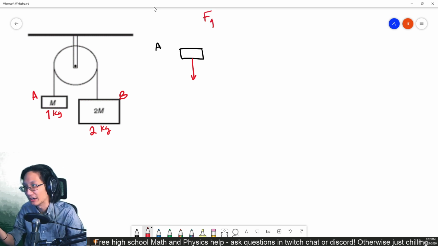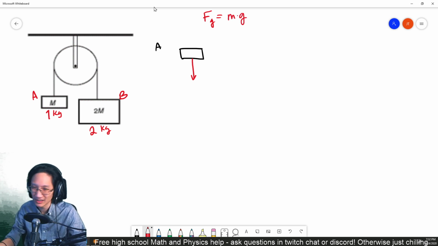It's always m times g. g is 9.8 or 10, depending on who you ask. On the AP test it's totally valid to use 10 as a rounding thing. 9.8 is also rounded, but it's less rounded than 10. But it's mg. So for us, the force of gravity on block A is its mass, which is 1 kilogram, multiplied by 9.8 or 10, but mg. I'll just write mg. Okay, that's the force downwards.